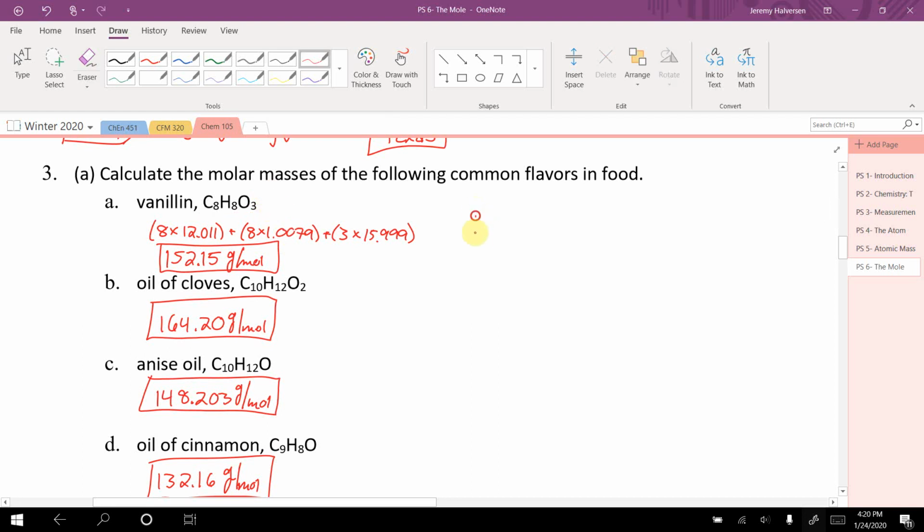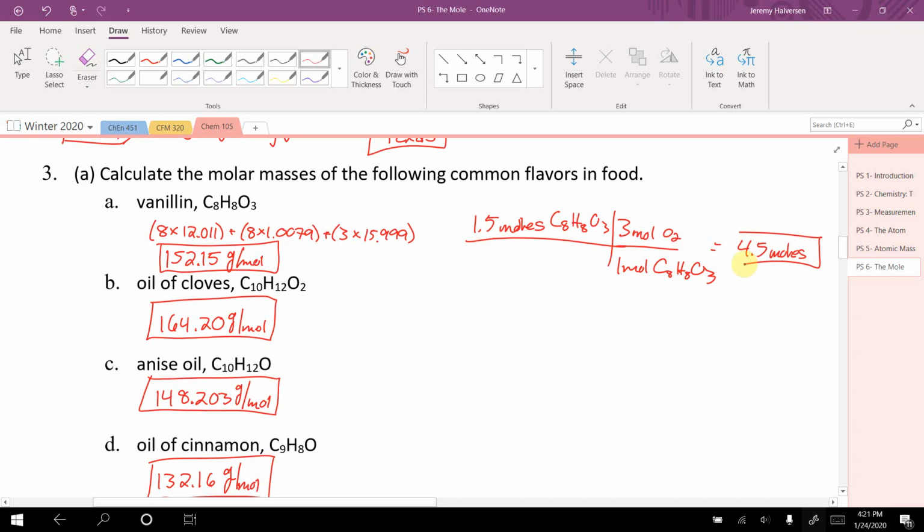So I can just say if I have 1.5 moles of C8H8O3, I know that 1 mole of C8H8O3 has 3 moles of oxygen, which means here we would have 4.5 moles in vanillin.